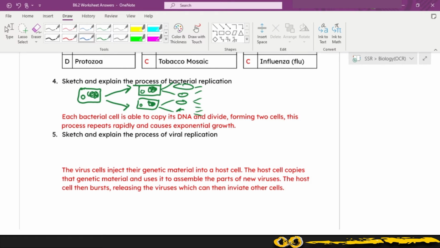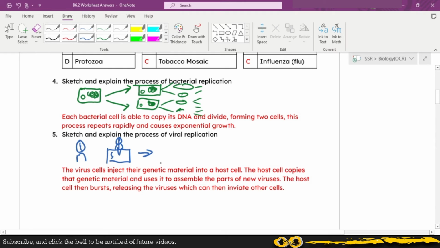When we're discussing replication of viruses, we have two things that are involved. First of all, we have the virus itself with its genetic material, but we also need some form of host cell. The virus will have to attach itself to the host cell and inject its DNA into that host cell. The virus will then hijack the host cell and use it to copy the genetic material of the virus.